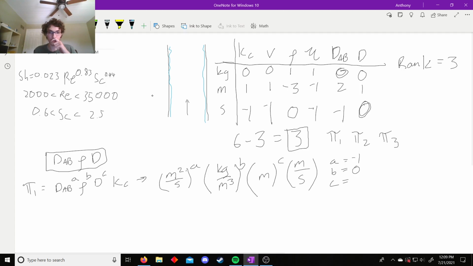And then finally, we can write an expression here where we have meters raised to the power of 2 times -1, so -2. We have 0 here, so there's no meters here because B is 0. We have some meters raised to the power of C here, and then that should equal this.